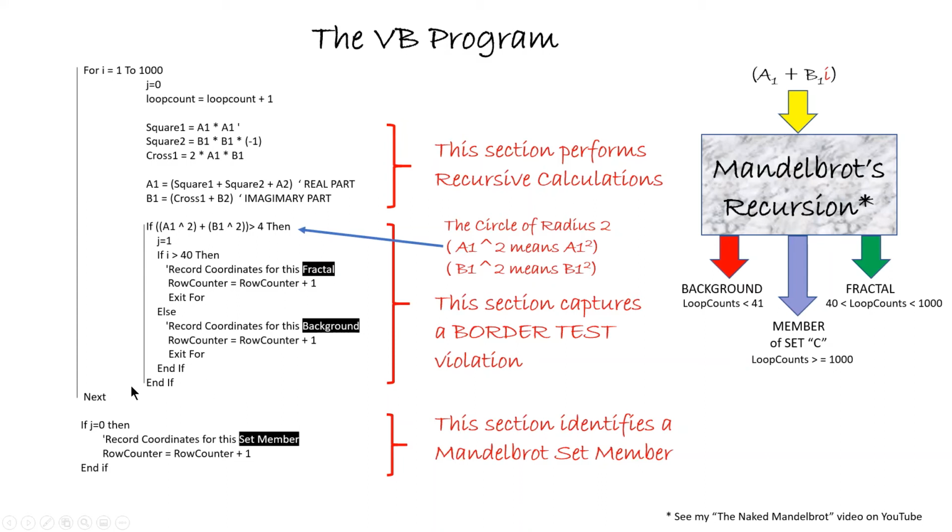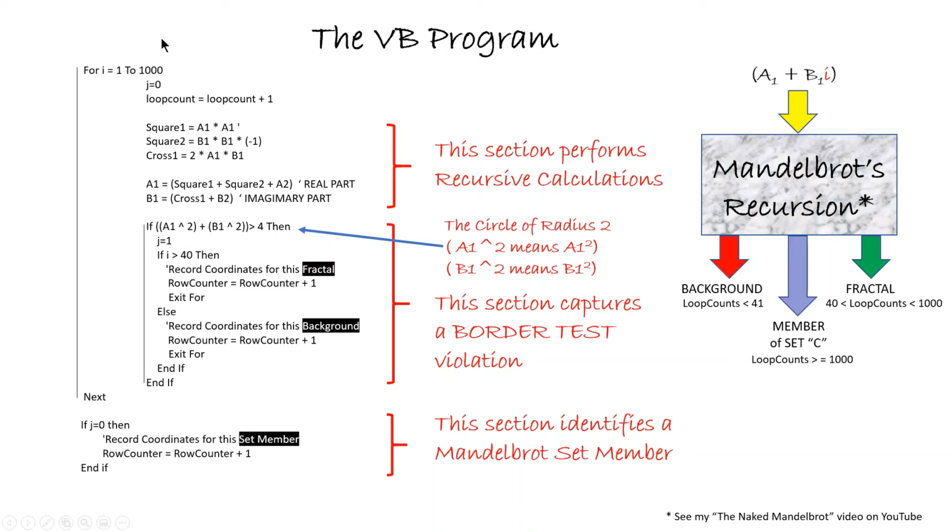The first thing I want you to notice is that there is a loop here that goes from 4 to the next, up to 1,000. And what it does is keep looping until it looks for a border test violation, which is what that is. If it finds no border test violation for 1,000, it drops down to here and says it's a set member.